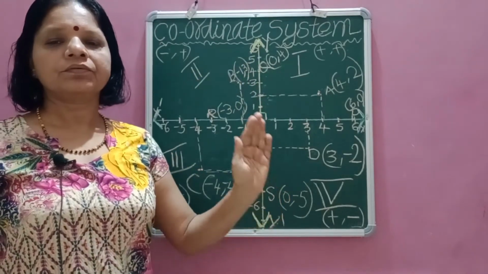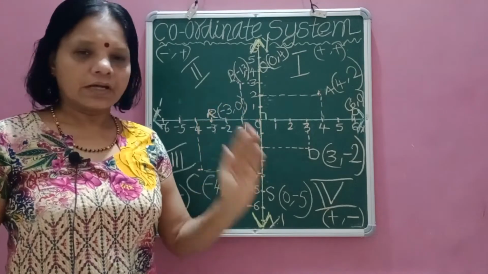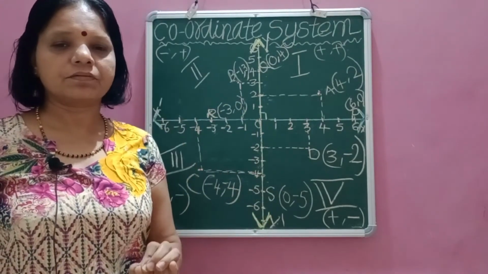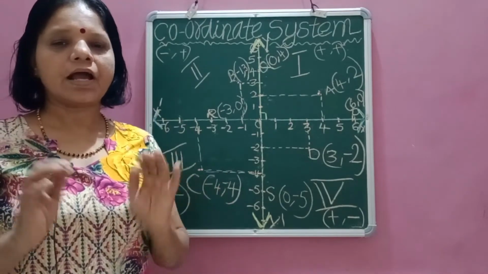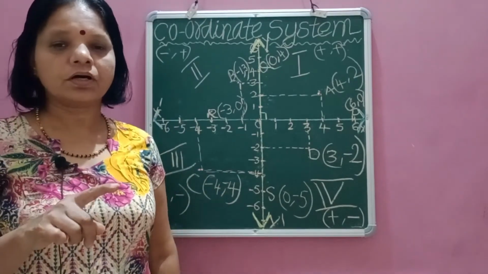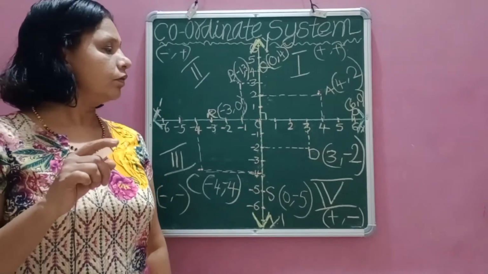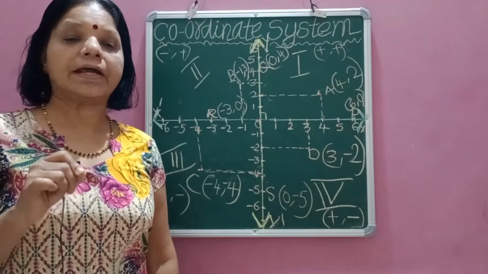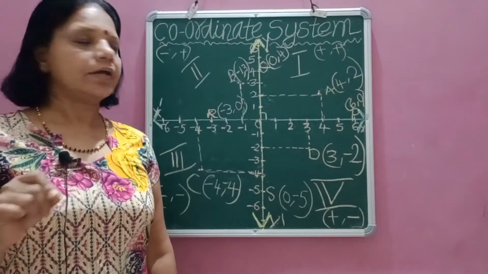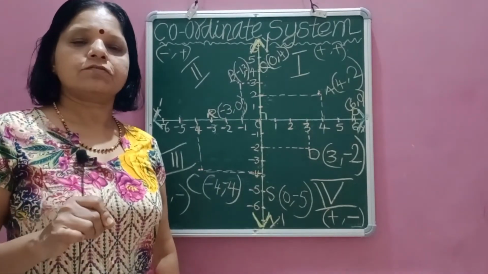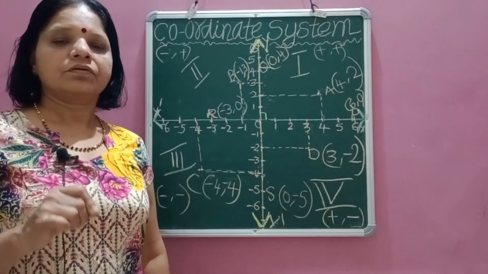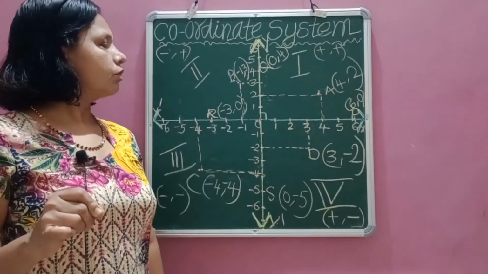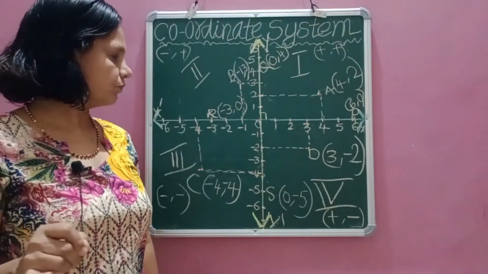You have to write the coordinates of a particular point in brackets as a pair. First you write the coordinate with respect to x-axis, that is called x-coordinate, and the coordinate with respect to y-axis is written next. That is called y-coordinate.